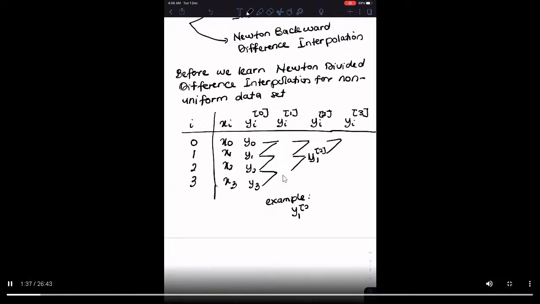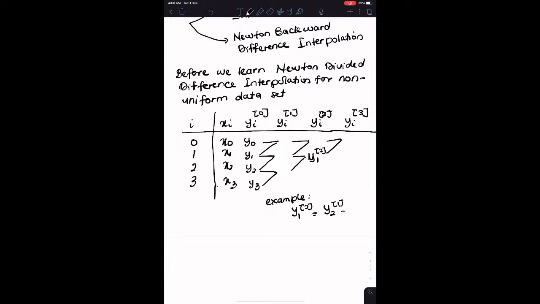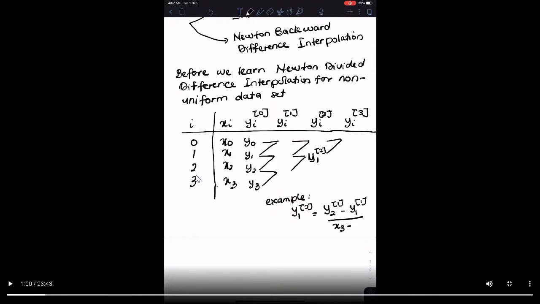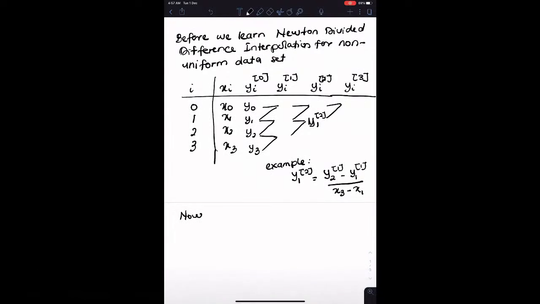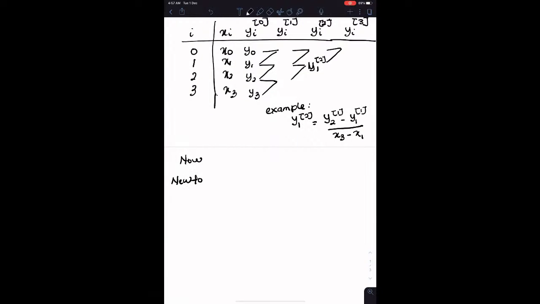It depends on y2,1 minus y1,1 divided by x3 minus x1, because you can see the root of y3 and y1 is based on x3 and x1. Look at the table: this one is x3 minus x1. This is the way we get y1,2, where it depends on the data from the previous.